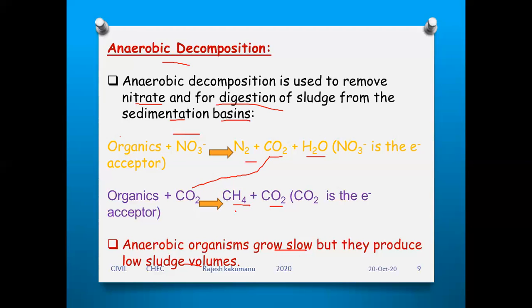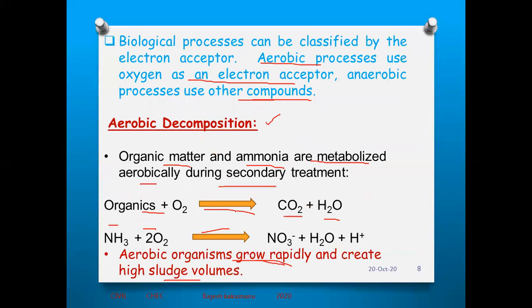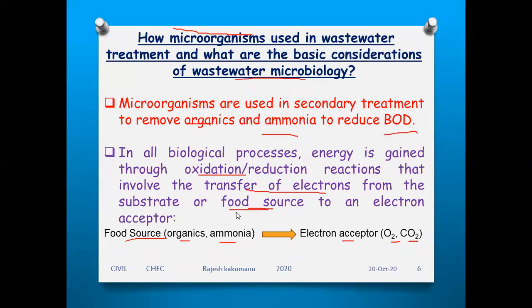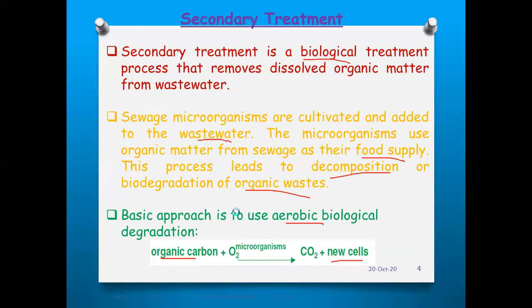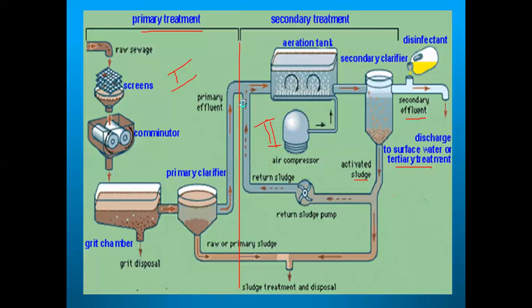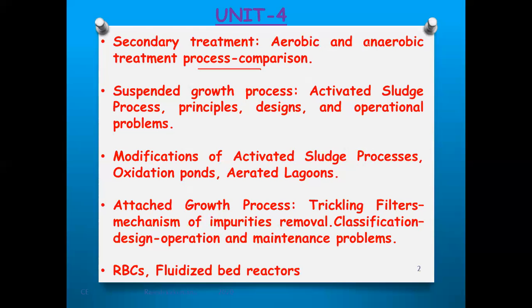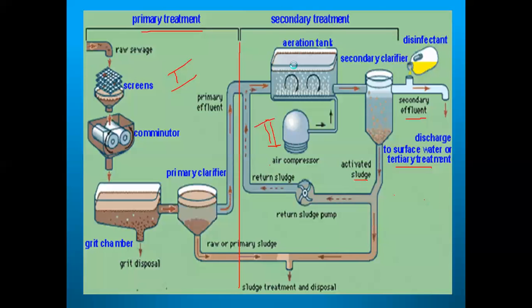One is aerobic, in the presence of oxygen, and the other is anaerobic, in the absence of oxygen. These are the main comparisons in this concept. So that is the first concept in the syllabus: aerobic and anaerobic treatment process and their comparison. This has been completed.